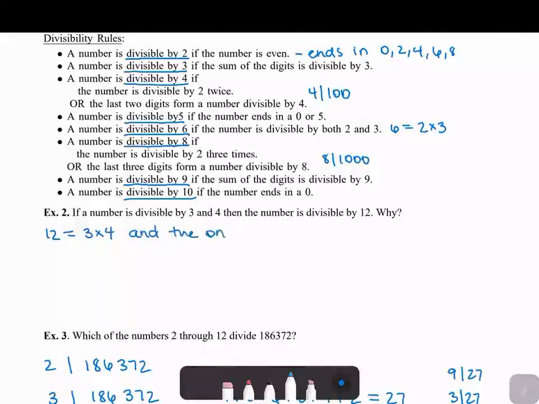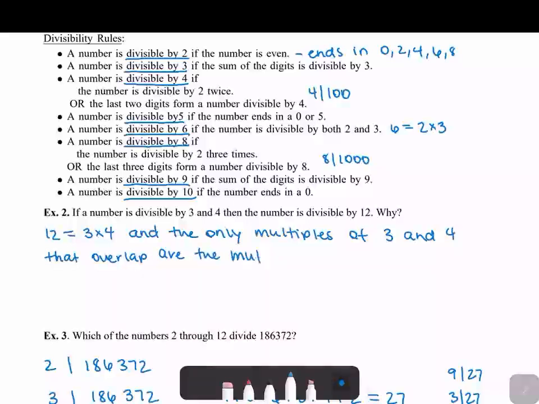And the only multiples of 3 and 4 that overlap are the multiples of 12.